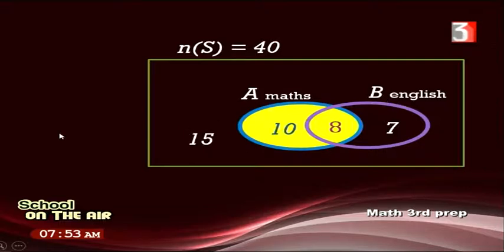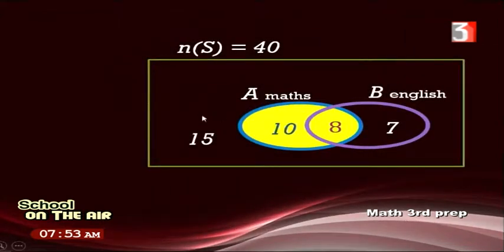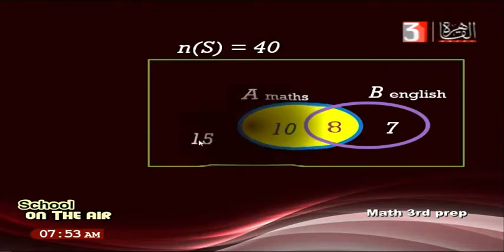If we want to get the number of students who like math, their number is 18 divided by 40. It means that we will get the number of students inside the oval of A. Like math, yellow part. Like English, purple part.